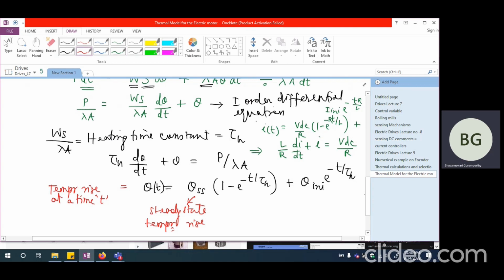So I am essentially writing the temperature rise of the same form.